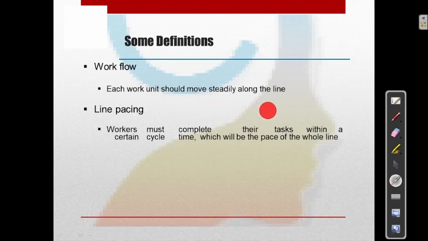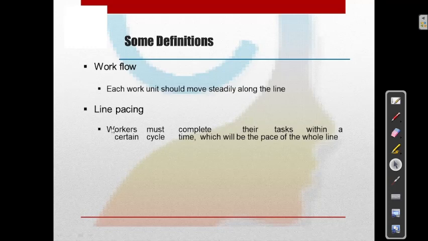It shouldn't deviate from that particular line. If you look at a conveyor, it goes straight. It won't deviate anywhere, here or there. If it deviates, the product will not be made accurately. That is, the workflow should be maintained at every workstation.